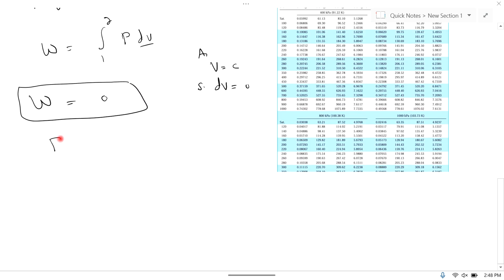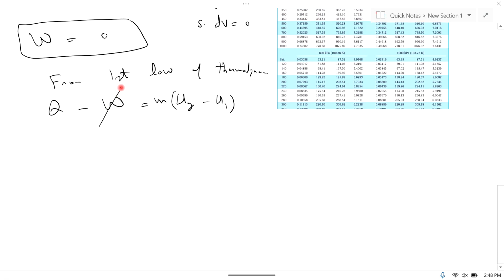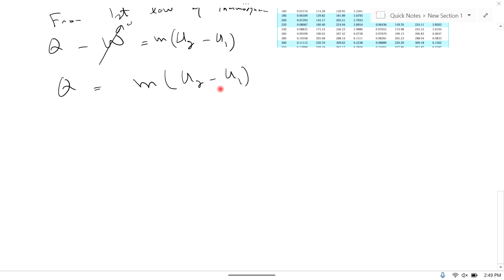Now for Q, from the first law of thermodynamics, Q minus W is equal to m(u2 minus u1). So W is 0, so Q is equal to m(u2 minus u1). So first we find m, u1 and u2.